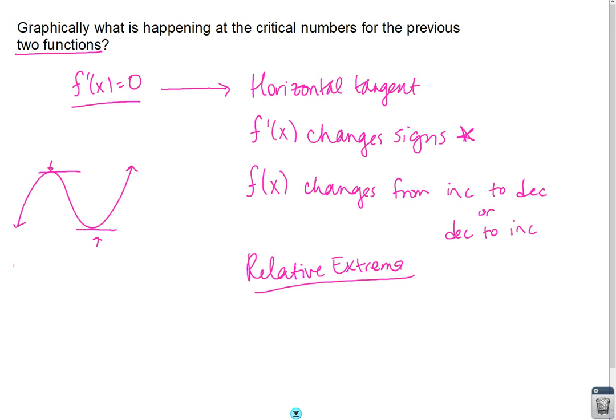So I wouldn't have an absolute min or max, but I have a relative max and a relative min right here. So if I can look at where my function has a horizontal tangent, where my derivative changes from positive to negative or vice versa, and my function changes from increasing to decreasing or vice versa, then that helps me determine the locations of my relative extrema. I could further go into finding my absolutes, but right now we just want to talk about relative extrema.